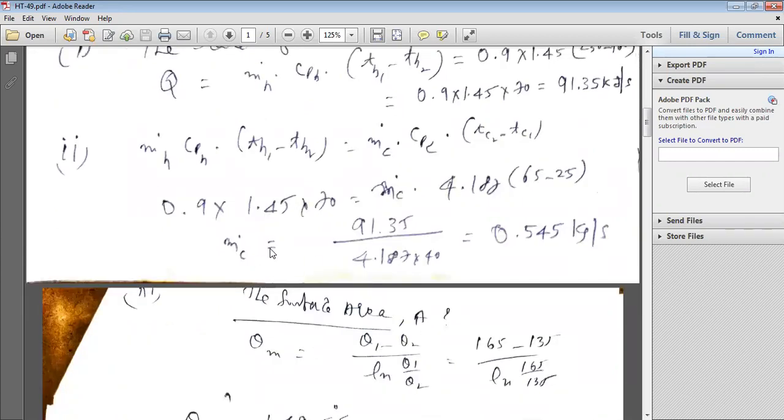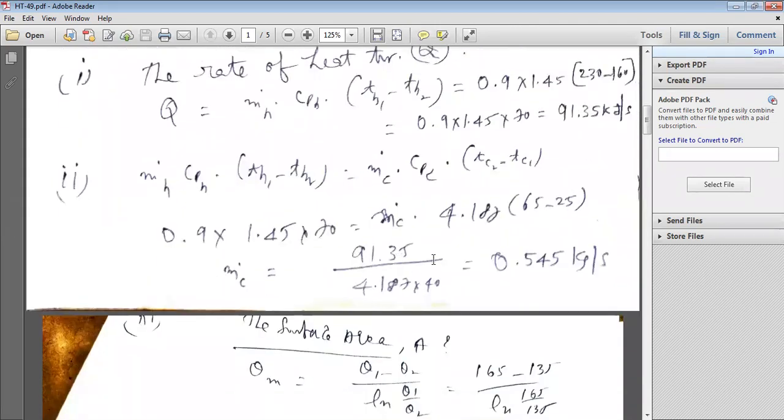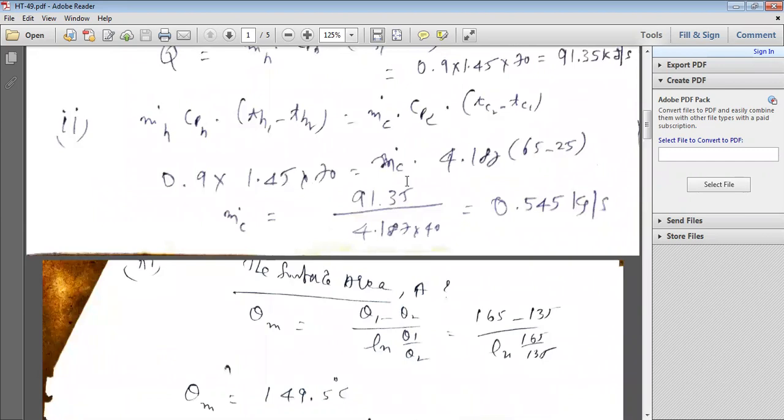Therefore, m dot c is equal to 91.35 divided by 4.187 into 65 minus 25, that is 40. Here kilojoules, there also kilojoules, so no problem; otherwise you would convert both to joules, multiplying both by 1000, and the 1000 gets cancelled. Then the mass flow rate of water is 0.545 kg per second.